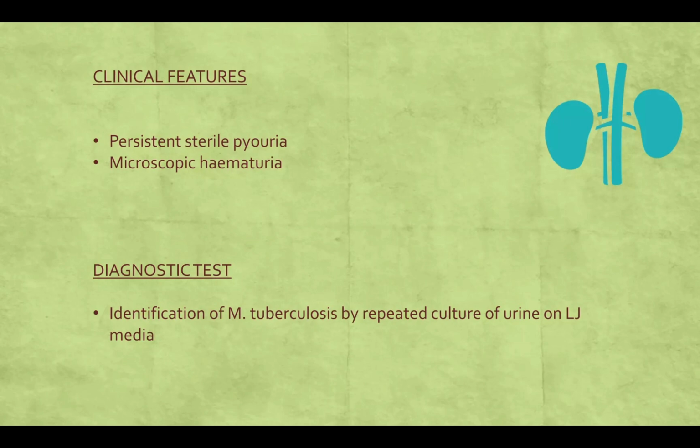And in the diagnostic test, Mycobacterium tuberculosis is identified by repeated culture of the urine on Lowenstein-Jensen medium. As you have studied in microbiology, Lowenstein-Jensen medium is used for Mycobacterium tuberculosis for the diagnostic test.